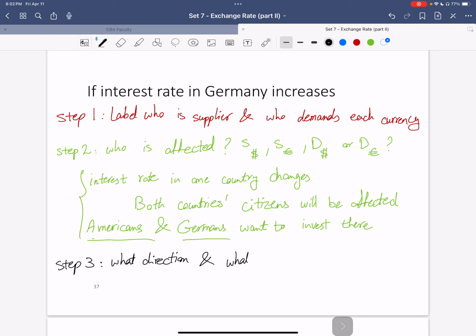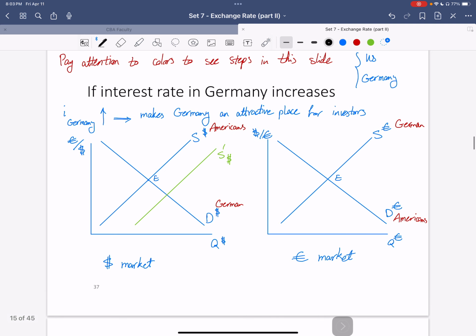And finally, what is the change in price of currencies? We need to figure that out based on the curves.